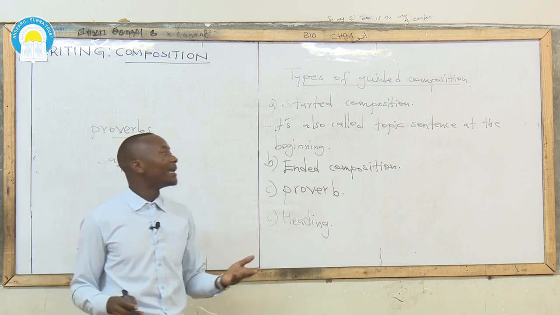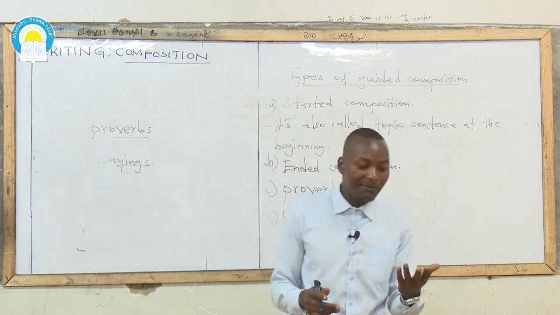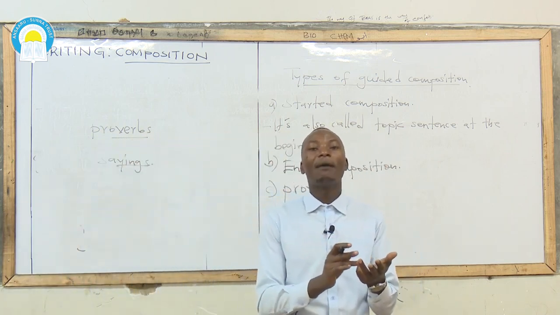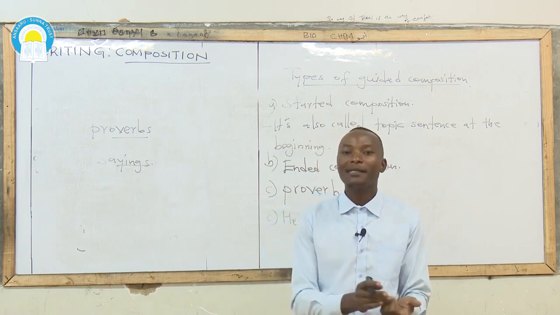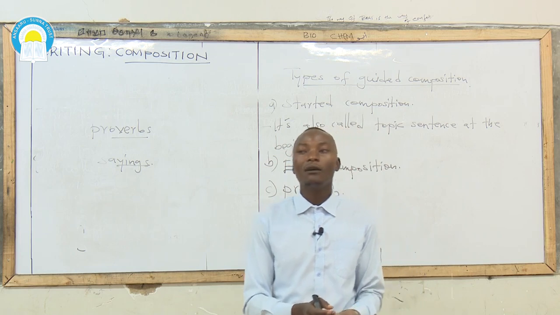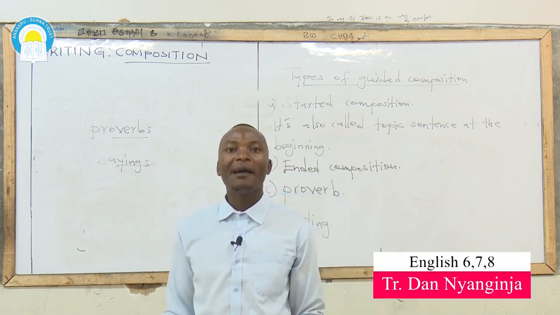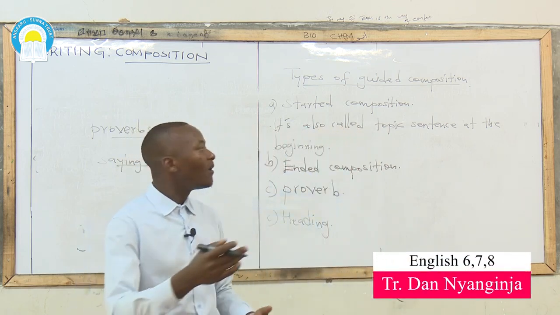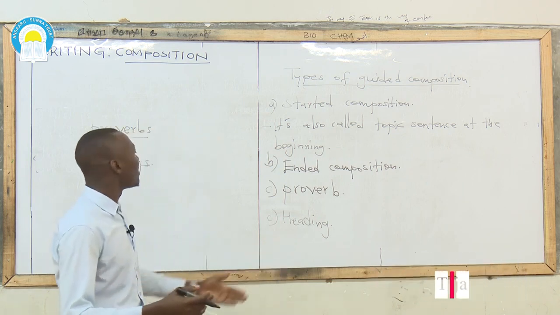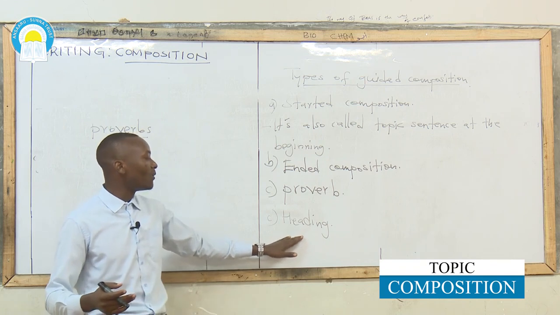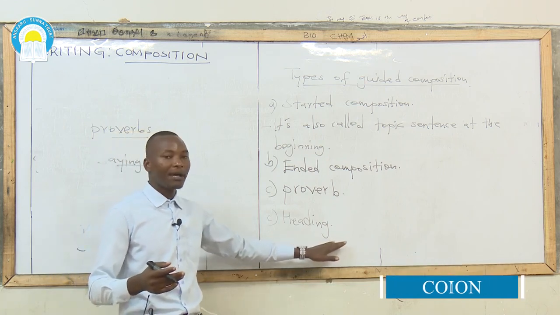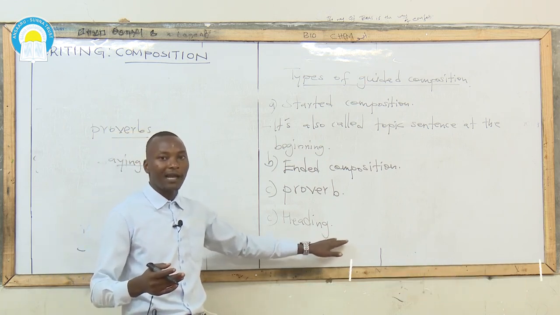For instance, in grade 4, in standard 4, the learner can be told to write about my family, my best food, my best teacher, my school, my neighbor, my mother. So all those are examples of headings. And I say that this type of composition is always in middle upper primary, that is in class 4 and 5.